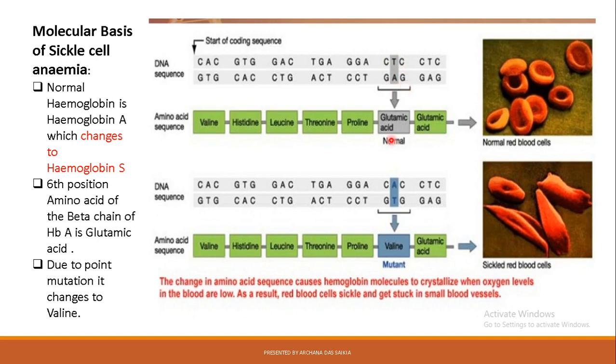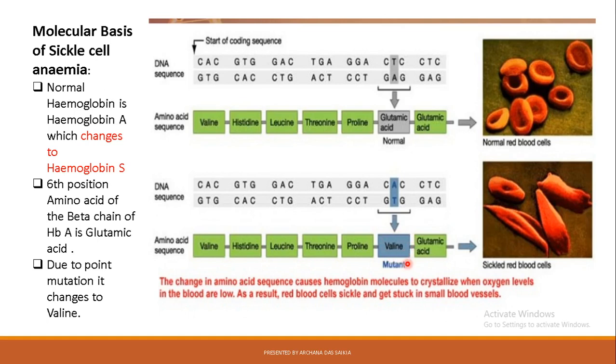It codes normal. Now mutation takes place. Point mutation or missense mutation takes place at this position. You can see here where it was CTC, GAG, it changed to CAC and GTG. T replaced by A, A replaced by T. So what happened? A change took place. Consequently, where glutamic acid should have taken position, it was replaced with valine.